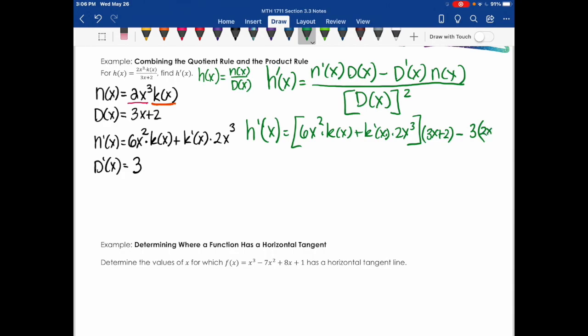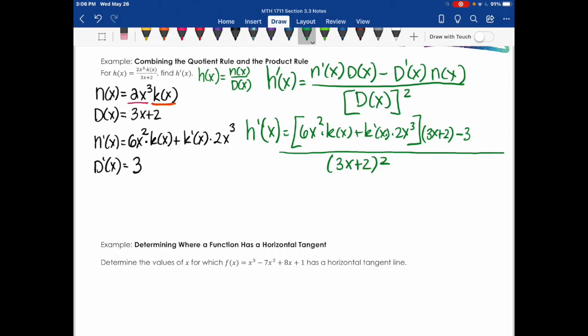And we subtract the derivative for d of x, which is 3, times n of x, which is 2x cubed k of x. And this is all over d of x squared, which is 3x plus 2 squared.